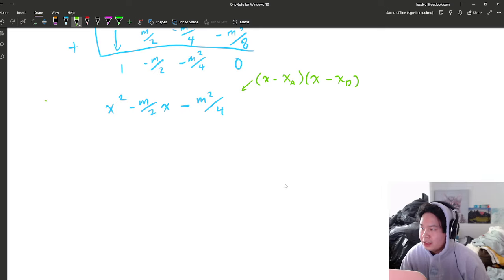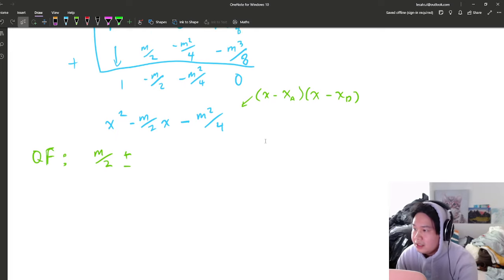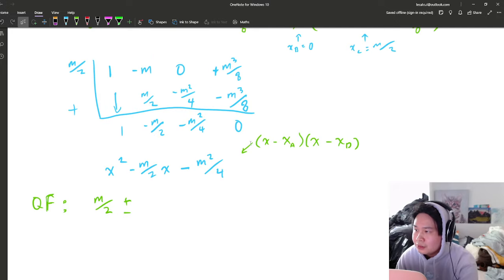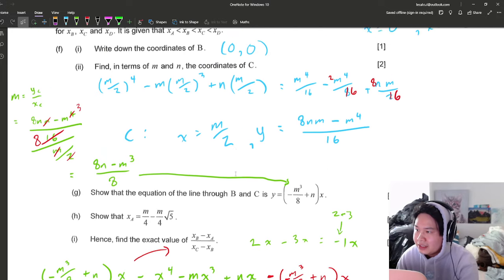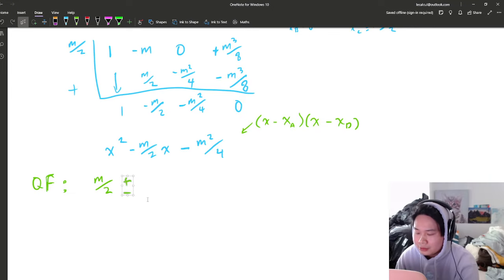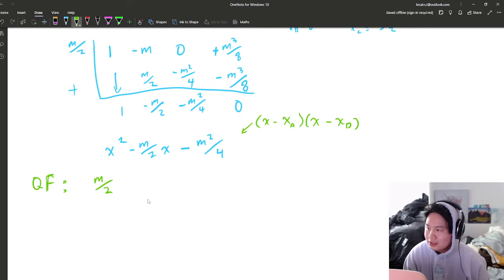So now we use quadratic formula. So we have negative b plus or minus, and then I only need xa, and I don't need xd for this one either. So xa is the smallest x value, they tell you that.